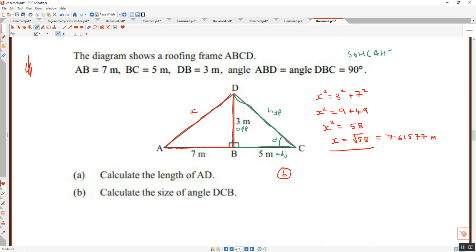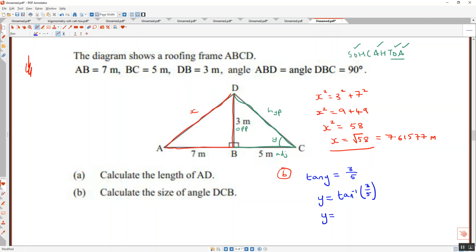Looking at SOHCAHTOA, I've got opposite and adjacent, and so I'm going to use tan. So tan of y is equal to opposite, which is 3, over adjacent, which is 5. In order to find y, I'm using inverse tan of 3 over 5.